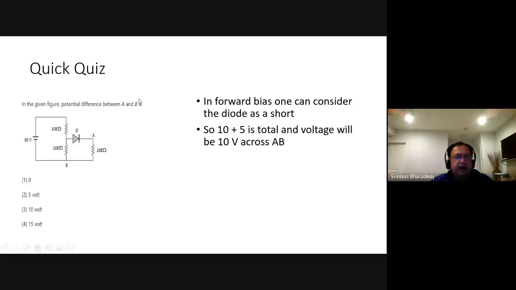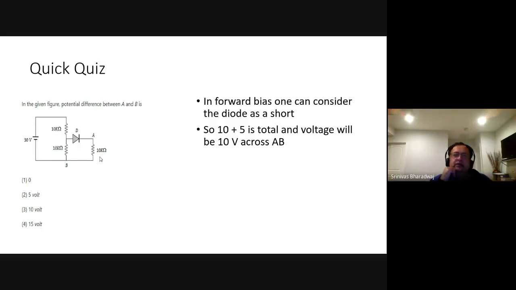So the 30 volts will divide as 20 across the 10 kilo ohms, and 10 across the 10 and 10 in parallel. So it will end up having 10 volts across AB.